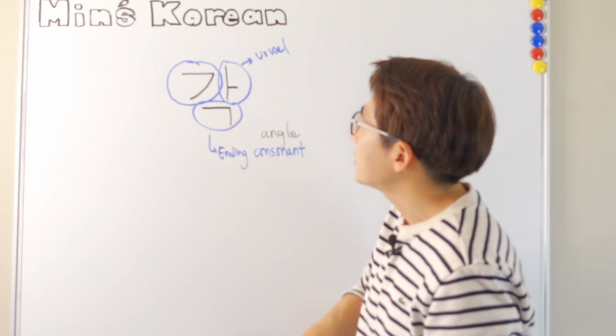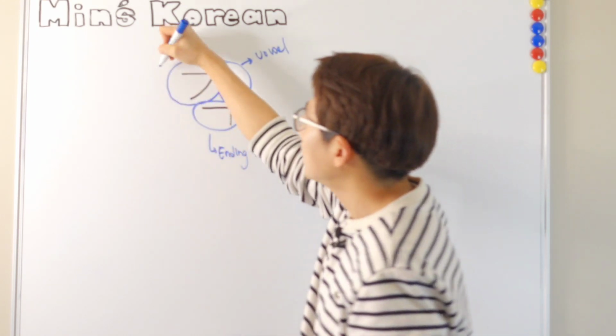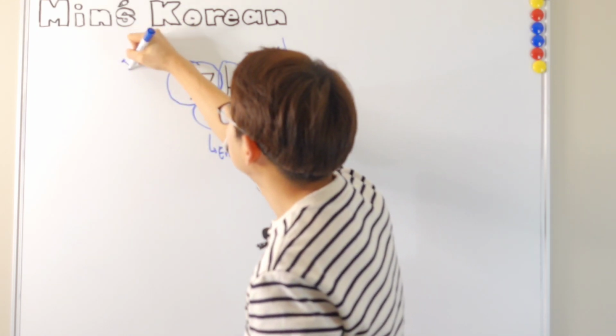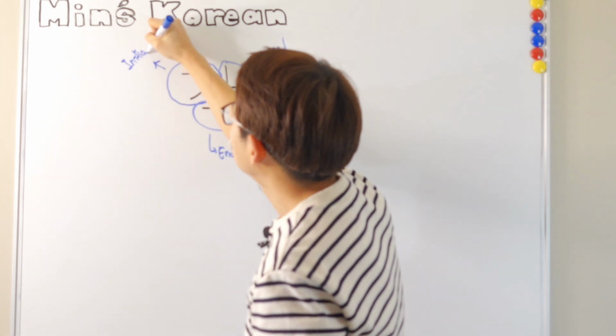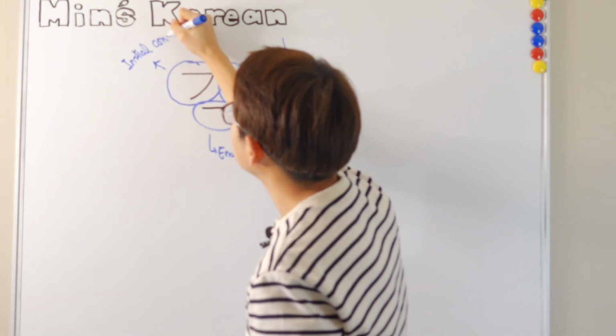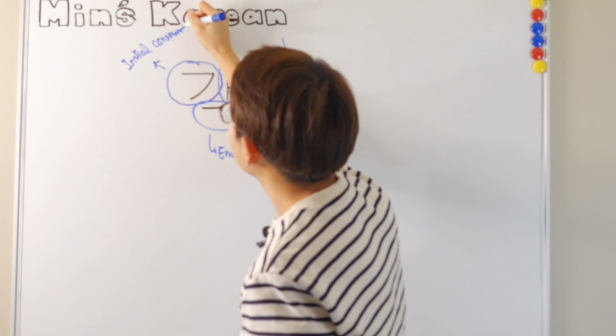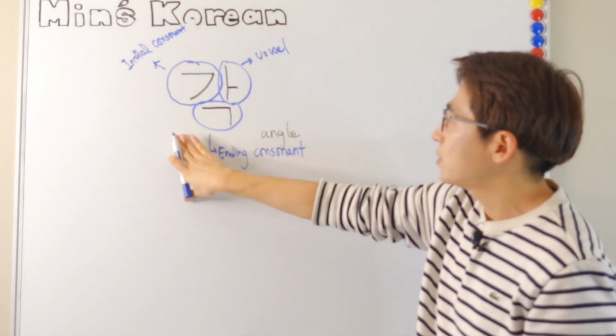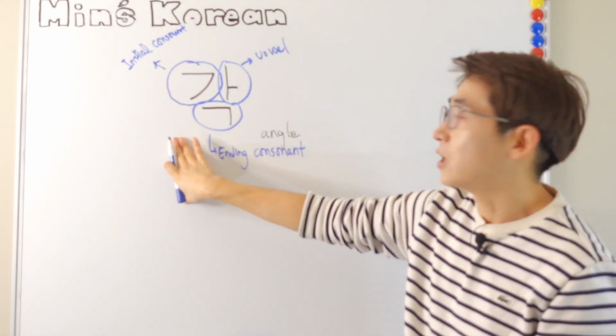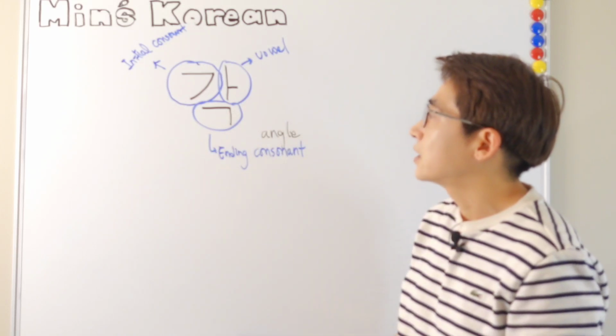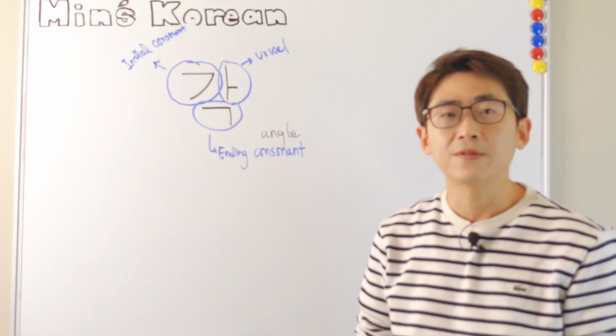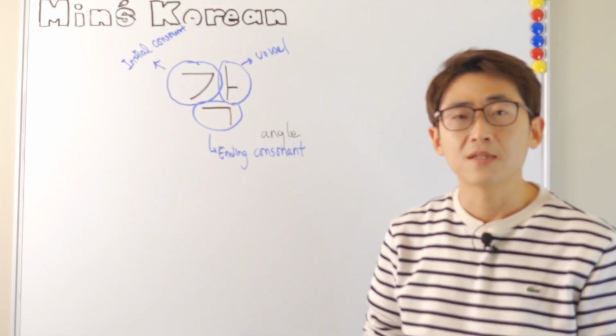And here we have the initial consonant. And the reason why we are learning this first is because most Korean consonants have two different sounds.